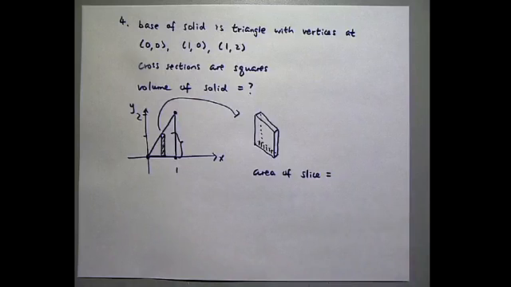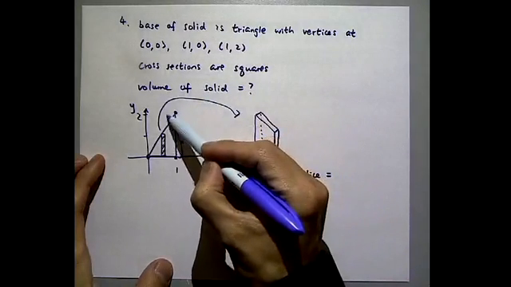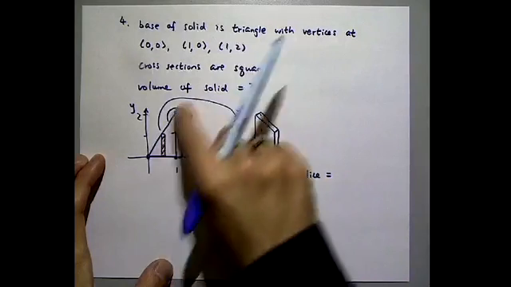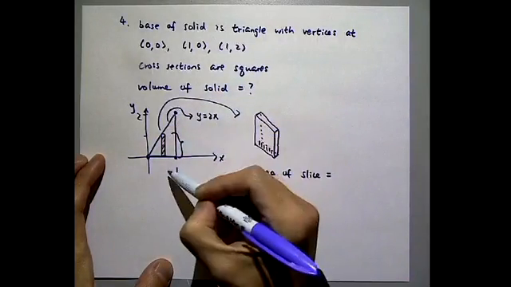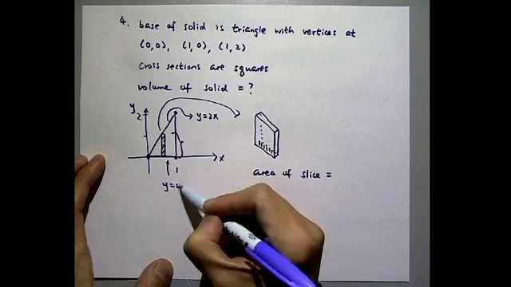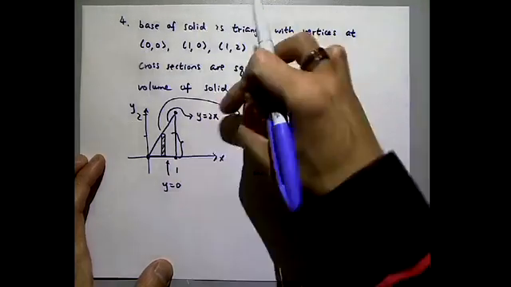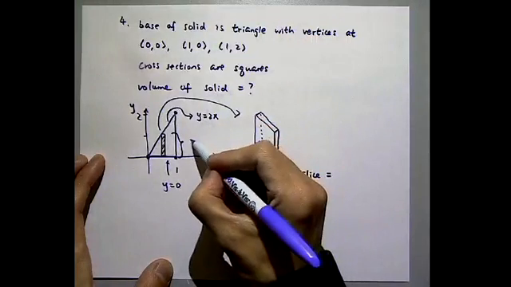And how do you know? 2x. Why is it 2x? Right, yeah. So the top curve here is y equals 2x. And the bottom here, of course, is y equals 0. So the height, top minus the bottom, is 2x.